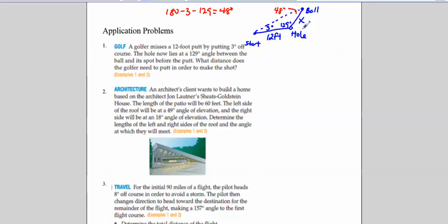So then I can do 12 over sine 48 equals x over sine 3, since opposite of x is the 3 degrees. Then you want to multiply both sides by sine 3.